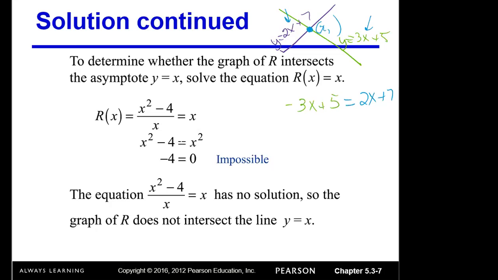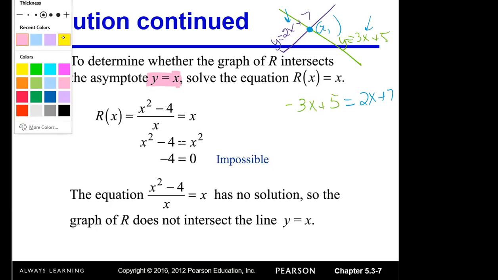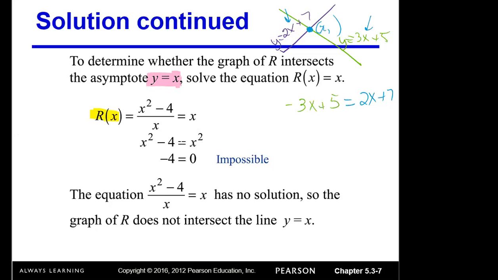They had this oblique asymptote of y equals x, but our original function was r of x is equal to all of this stuff. So they just took the r out of it and they just left this part here. So it's like, that's our y. That's the same as y.